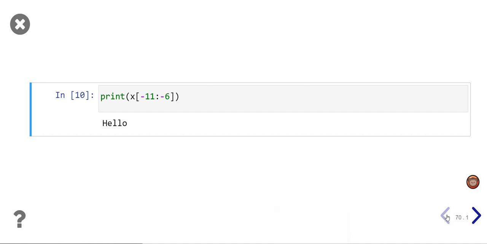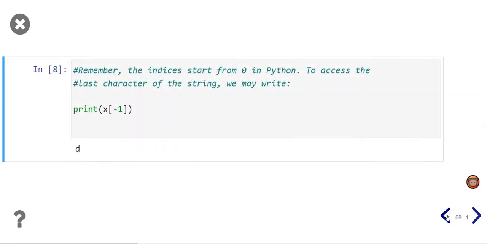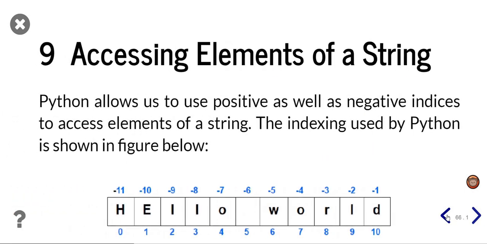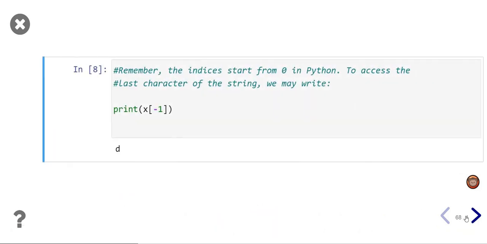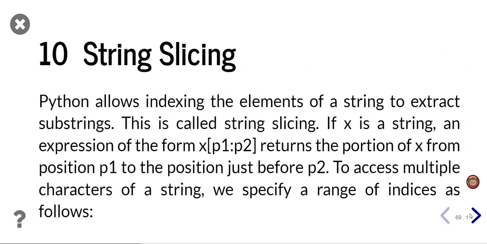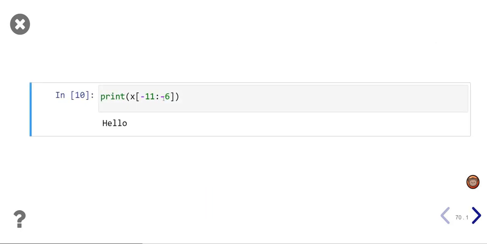Did I put it correctly? Negative 6. If I put negative 7, you get hell.